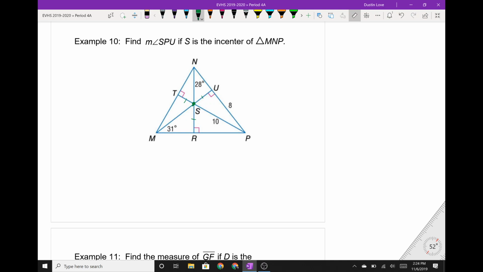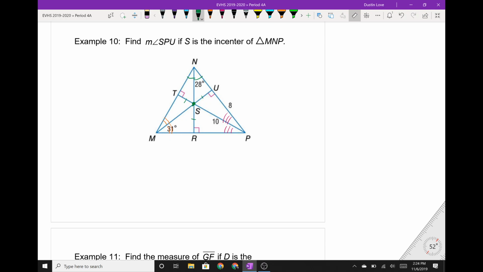Oh, congruent angle? No, the bisector of angles. Yes, the bisector of the angles. So I know that angle TNS is congruent to angle SNU. I also know that TMS is congruent to SMR. And I know that UPS is congruent to SRP.